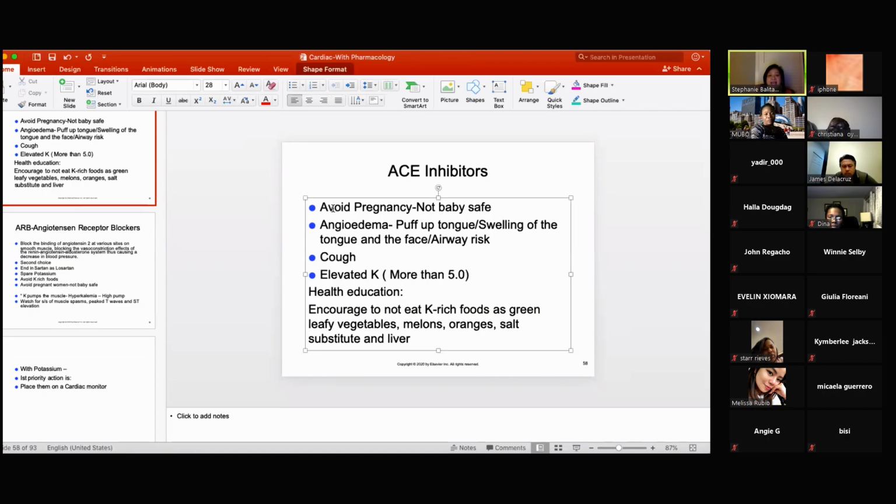So it's AACE, right? It also spells ACE for ACE inhibitors. Okay, AACE: avoid pregnancy, angioedema, cough, elevated potassium. ACE for ACE inhibitors.